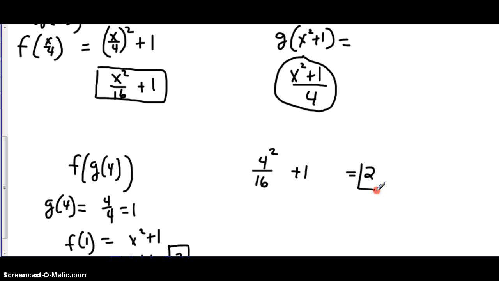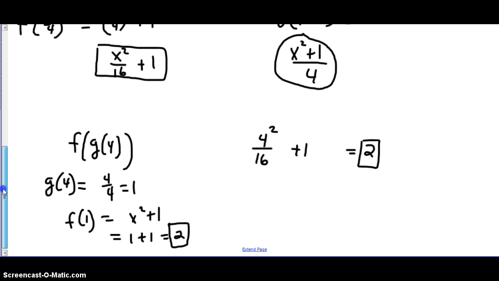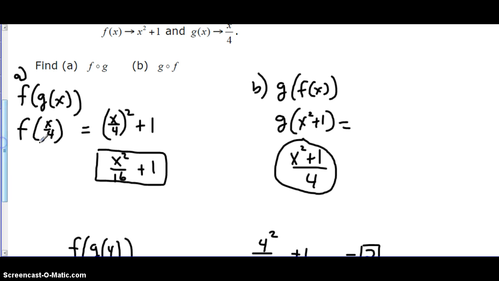So either way, you're going to get 2 for f of g of 4. So two ways to find that. But whenever you're given a number to put inside, you end up with a number, and if they want you to put an expression inside, you'll end up with an expression.